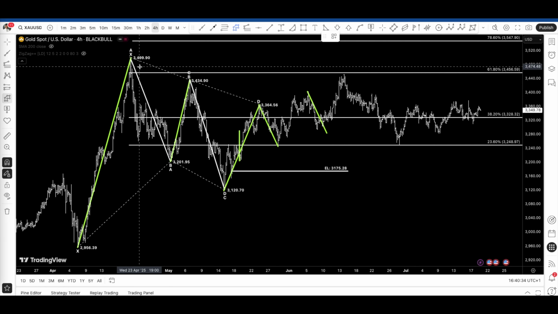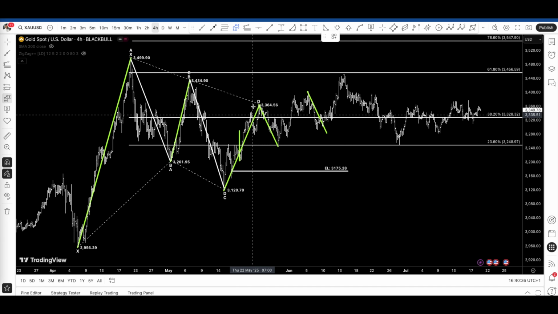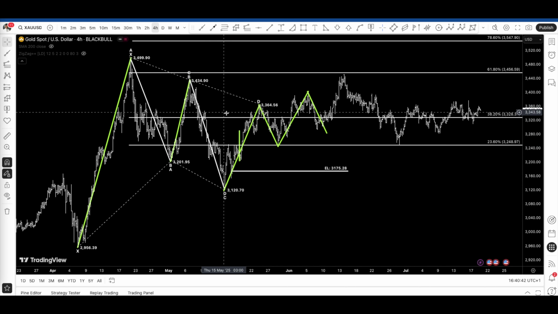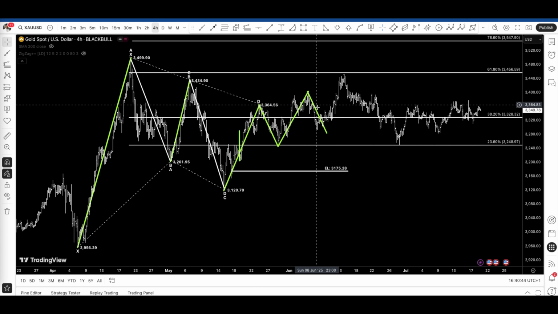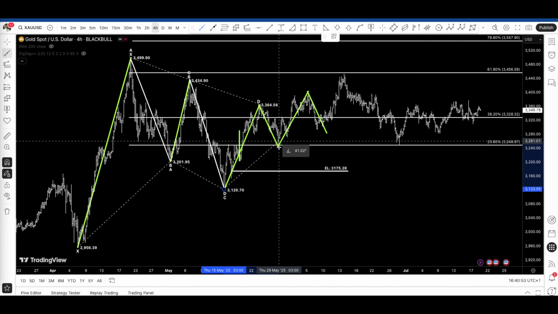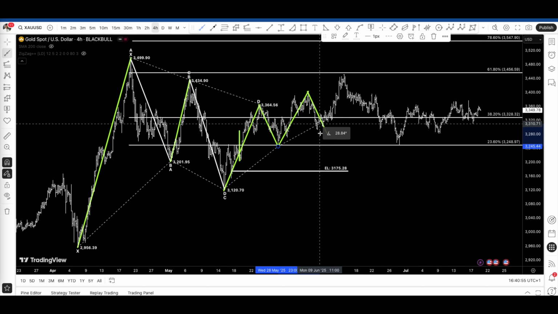That will be the same as this 1-to-1, so that will be a 1-to-1 as well, a 101. So it's just that here we have a bearish, pardon, this is a bullish one. That will be like this.